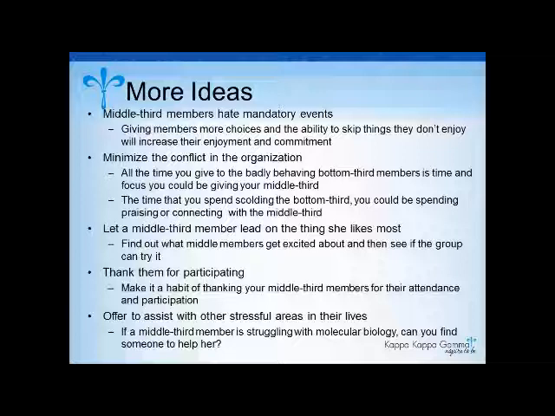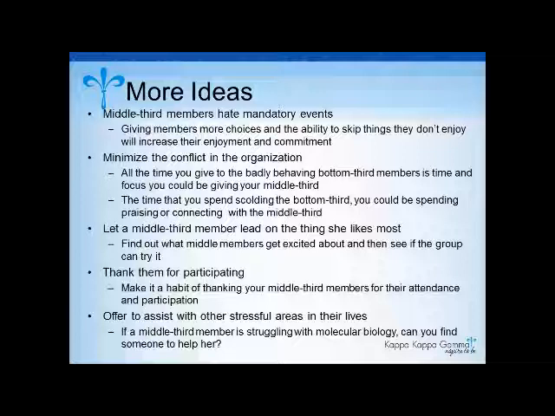And all the time that the top third and sometimes the advisors give to focusing on those bottom third members is time we could be focusing on that middle group. It's sort of like going from good to great, and that middle group is this ripe group of women that we can move from good to great.